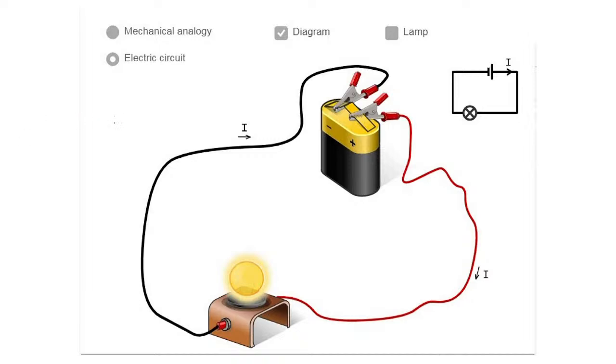So let us draw the diagram for this particular electric circuit. I will represent this circuit with the help of this. That's a symbol for bulb. So that's how I will draw the electric circuit diagram.